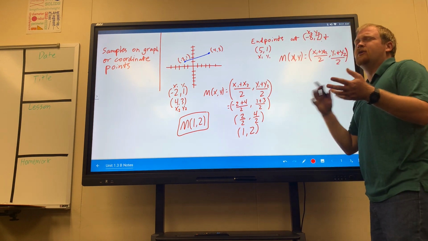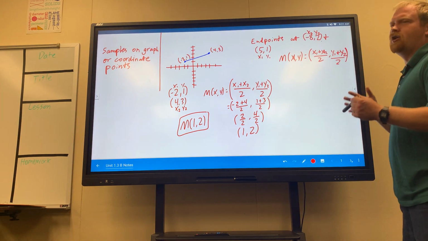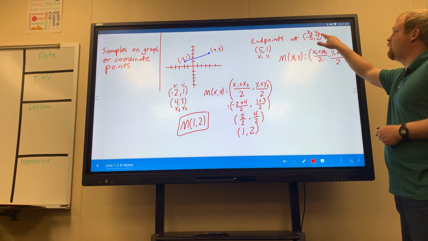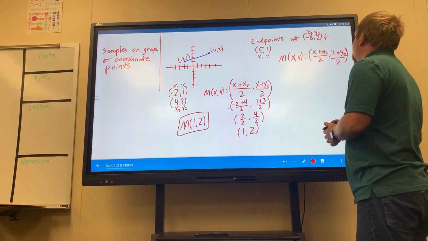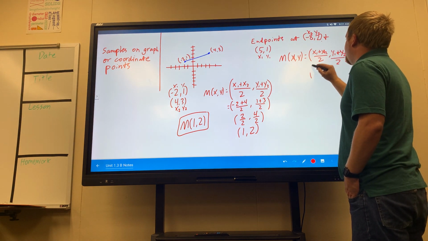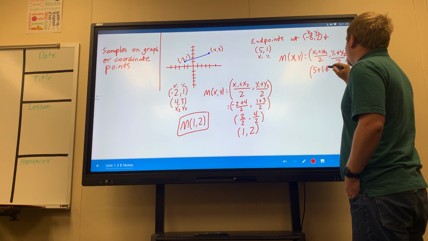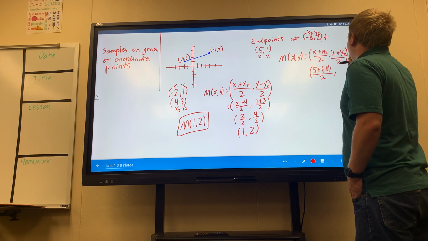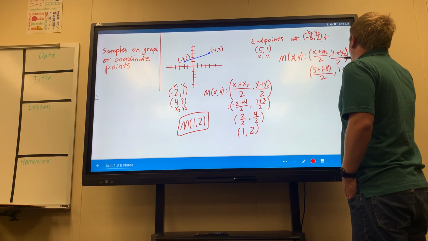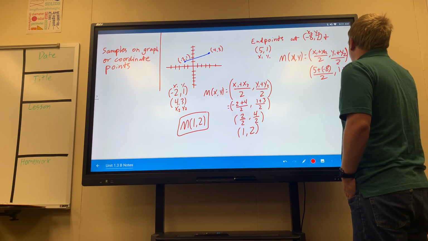So really it doesn't matter which one's which, just as long as we label it as x2, y2, x1, y1. Okay? Now, my x is 5 plus -8 over 2. My y is 1 plus 2 over 2.